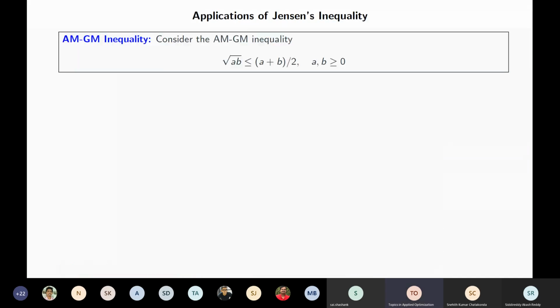Okay, so consider the AM-GM inequality, and how do we prove this inequality? Let us say we want to use Jensen's inequality, right? So Jensen's inequality requires you to provide a function. So which is the function that we are supposed to choose?